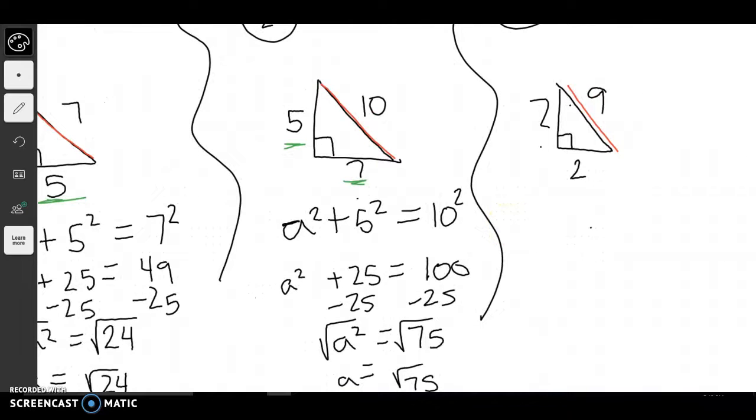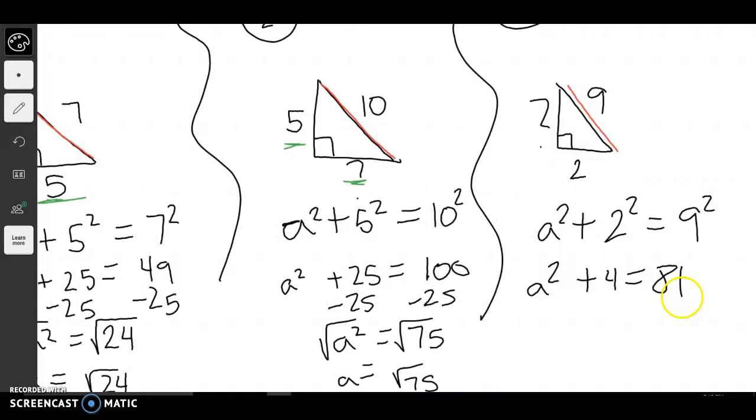Let's do this last one. Again, we know that we would have a squared plus b squared, which is 2 squared, equals 9 squared. And we'd get a squared plus 4 is equal to 81. And again, we would subtract 4 from both sides, and we'd get a squared equals 81 minus 4.